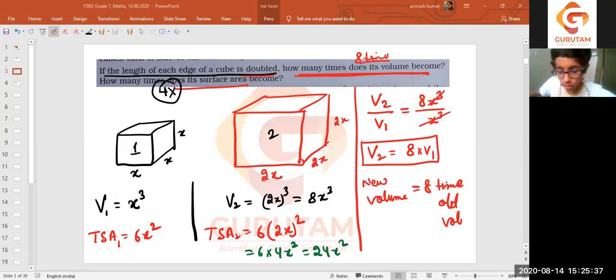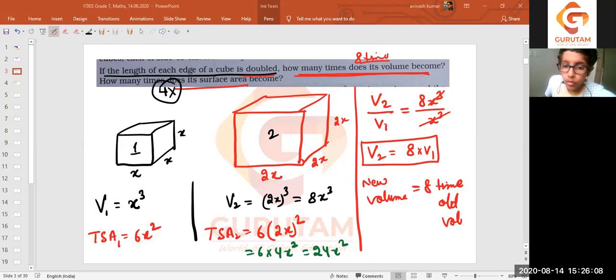V2 is equal to 2x cube, which is equal to 8x cube. TSA2 is equal to 6 into x square, which is 6 into 4x square, equal to 24x square.